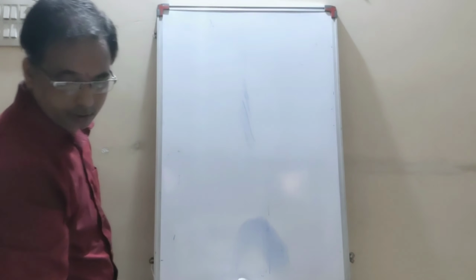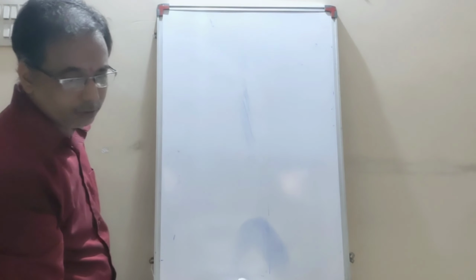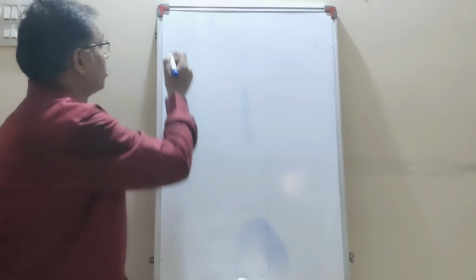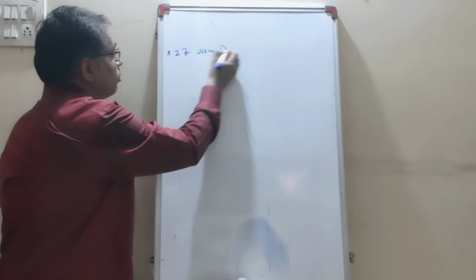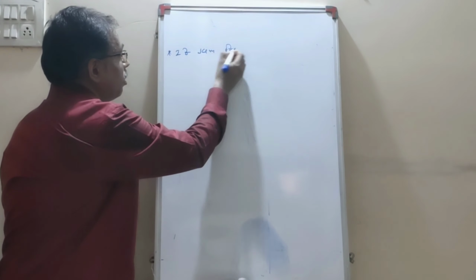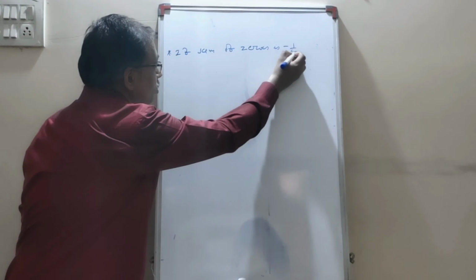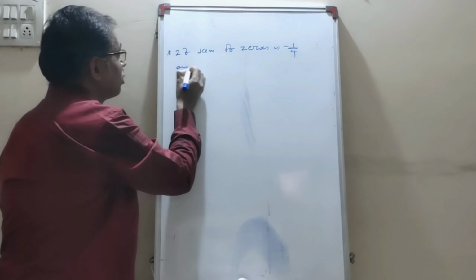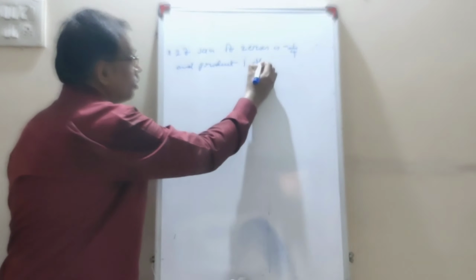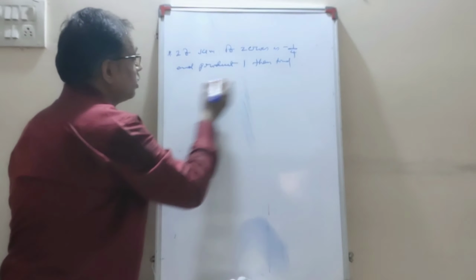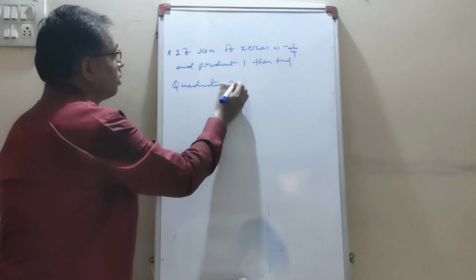For example, if the sum of the zeros is minus 1 by 4 and the product is 1, then find the quadratic polynomial.